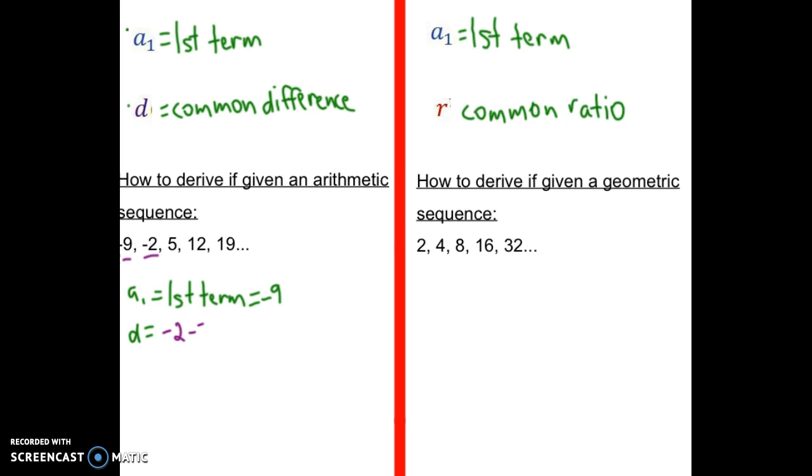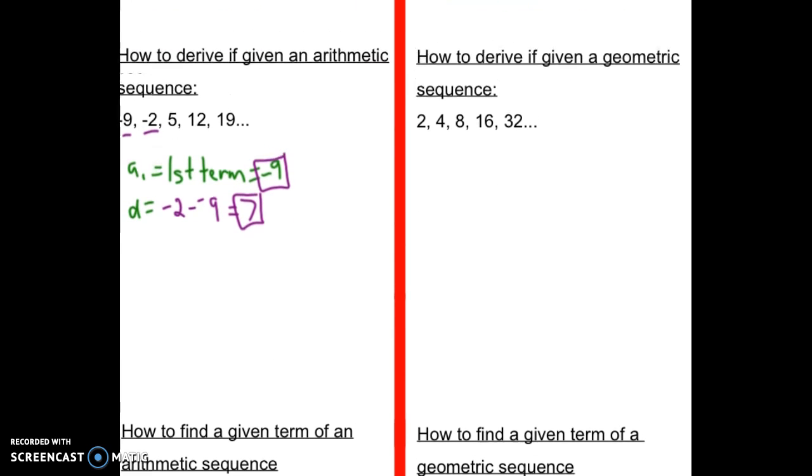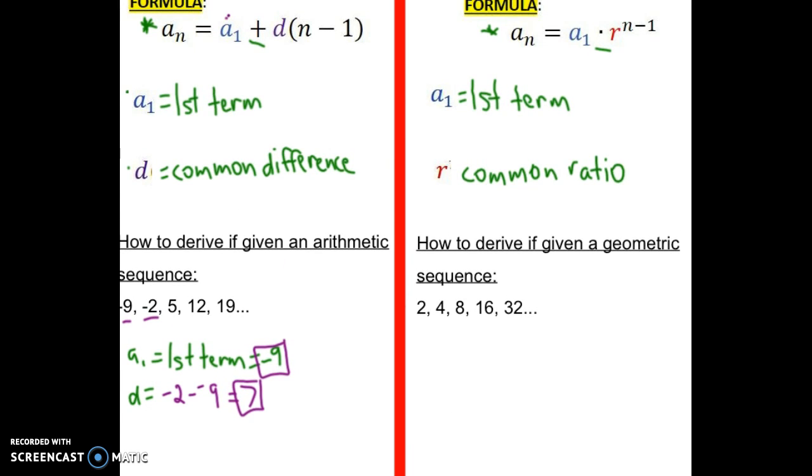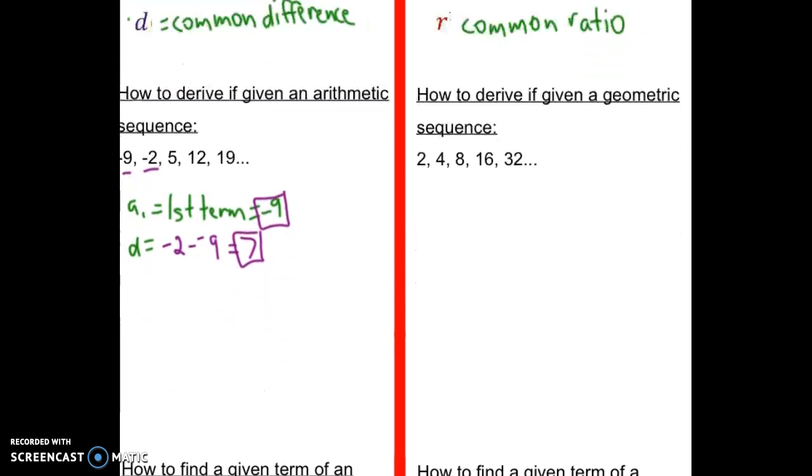So in this case, they're both negative. -2 minus -9 equals +7. So I have my two pieces of information that I need to derive my explicit formula for this given arithmetic sequence. I replace a sub 1 up here with -9, and I replace d with 7. That's going to give me my formula.